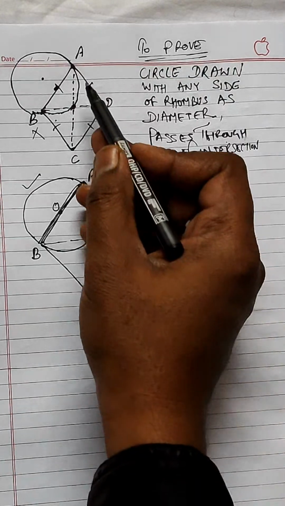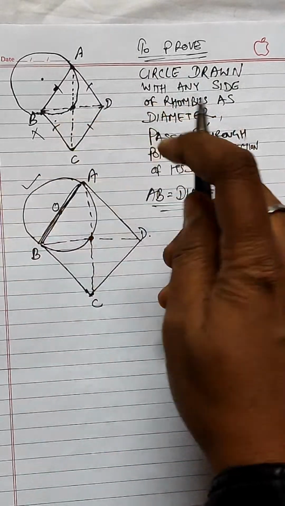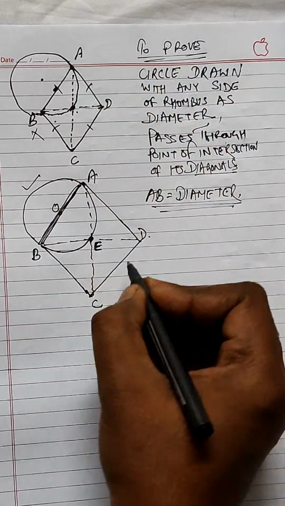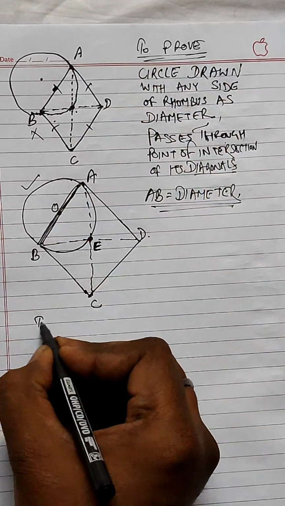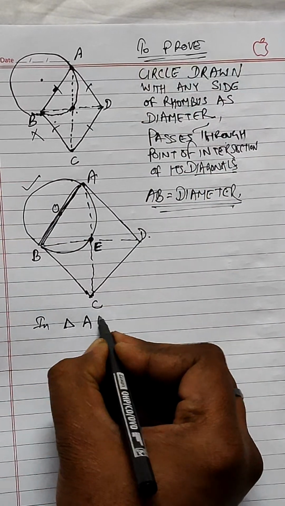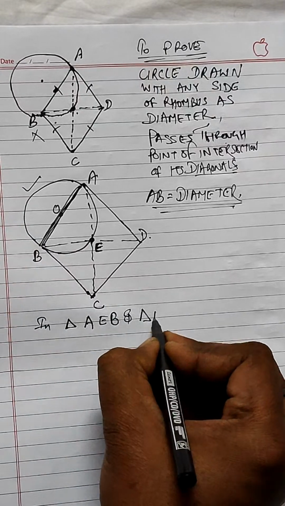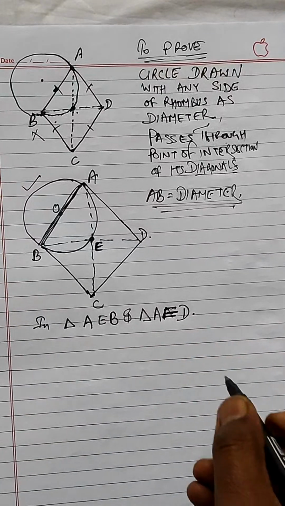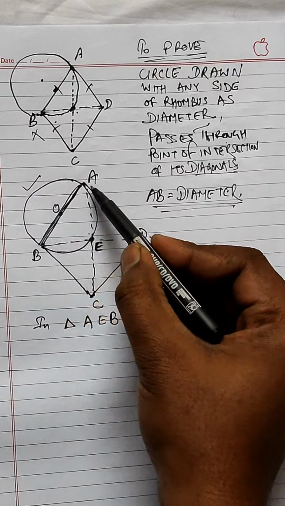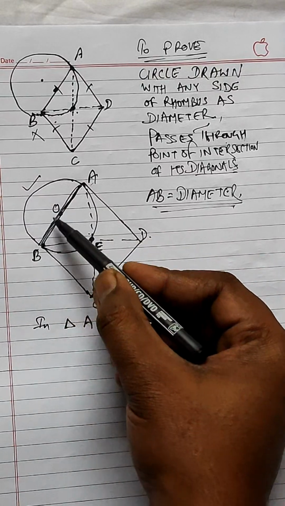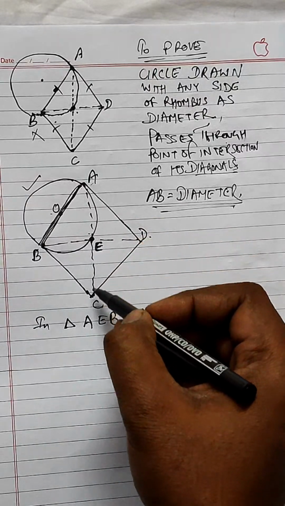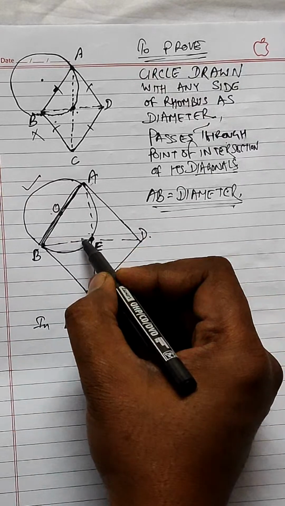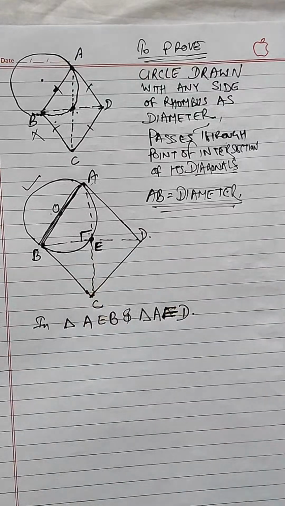Let's say this is the point E. In triangle AEB and triangle AED, in triangle AEB, AB is the diameter, which is also the side of the rhombus, and we know the property of a rhombus that the diagonals intersect at 90 degrees. So this is 90 degrees, because this is the angle in a semicircle, isn't it?